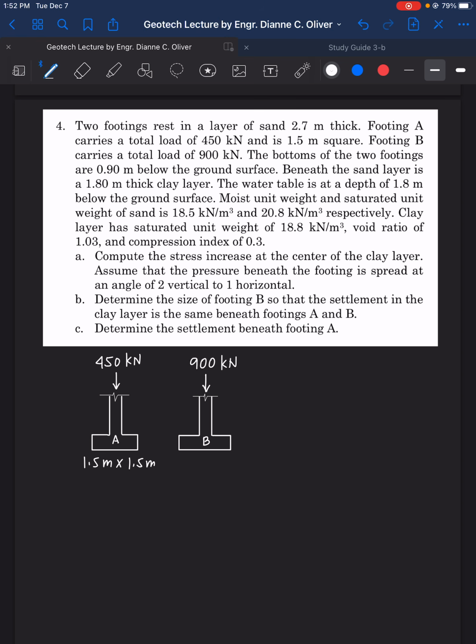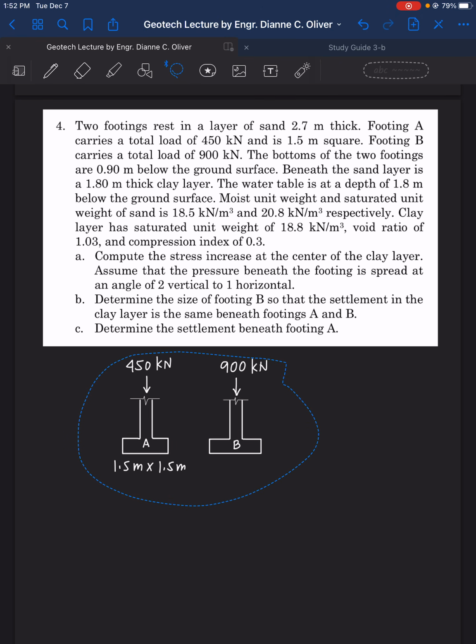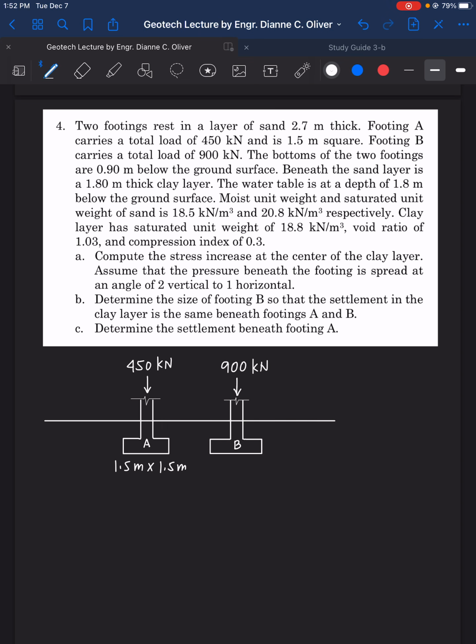The bottoms of the two footings are 0.9 meter below the ground surface. So I can now start to draw it. These two footings here are 0.9 meters below the ground surface.